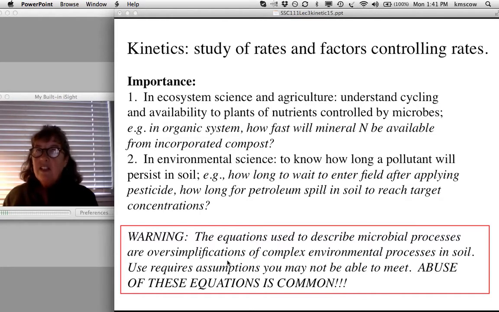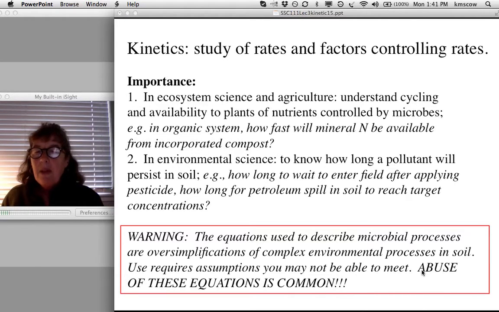But as long as you understand what is going on, then you can stay on guard and be careful when these things go awry. Surprisingly, often these simple expressions do a pretty good job of describing these rates in soil, which is why we do continue to use them, and we need them because of this number 1 and number 2.